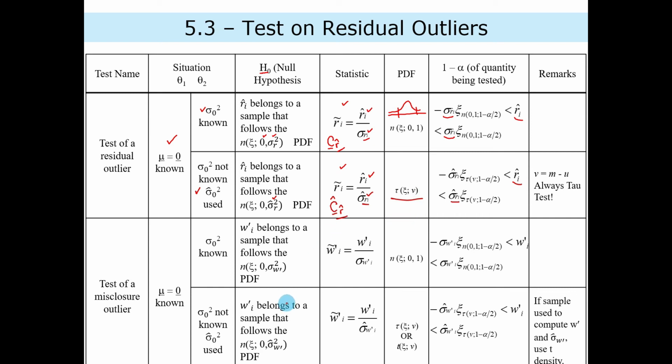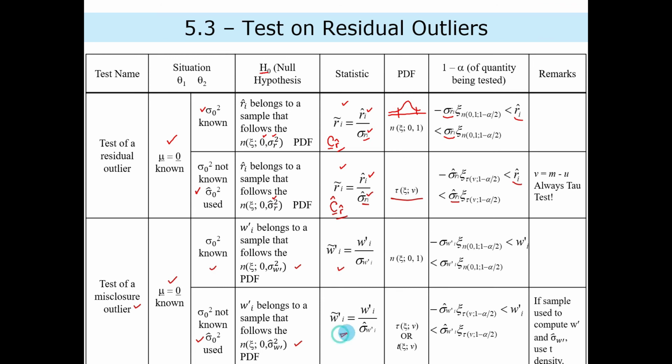A similar procedure can be used to test misclosure outliers. The population mean of the misclosures is also equal to 0. We have only two situations of whether we know or don't know the a priori variance factor. We also are looking at a time series of misclosures that follow normal distribution.